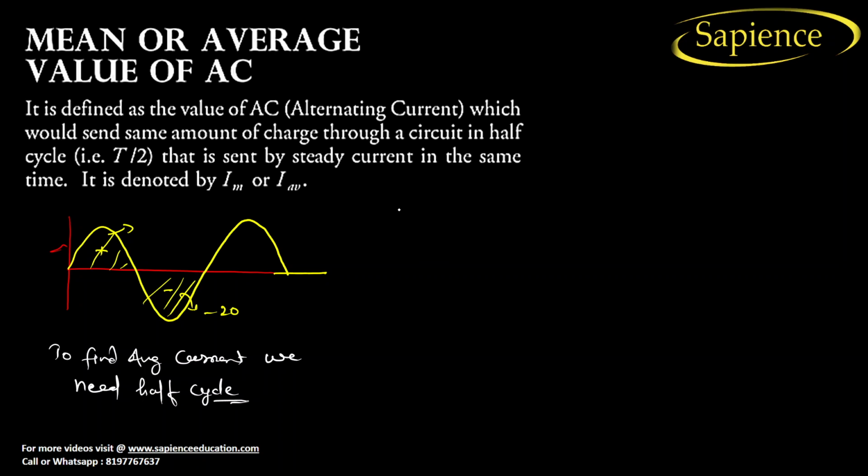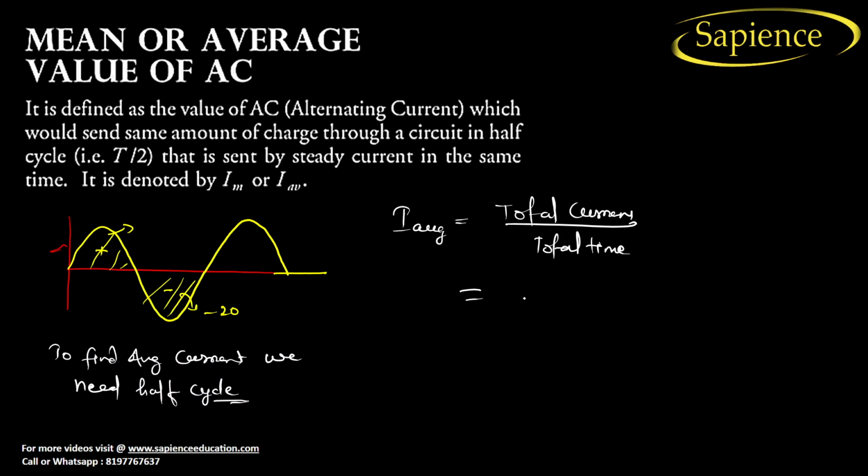So we know that mean or average amount I average. If you want to find I average, what to do? See here, I average is equal to total amount of current divided by total time. Now the thing is that our current is variable, so what should we do? We should integrate.